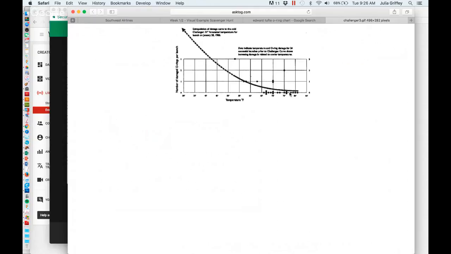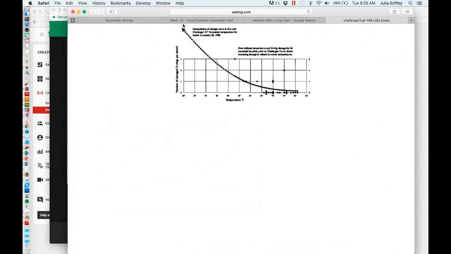You have 0, 0, 0 at all of these higher temperatures. Well, as we get to the lower temperatures, we see more O-ring damage, right? And down here, this is 30, 35, 20 degrees. It was a 31 degree forecasted temperature for the launch on January 28th. So it's predicted to be right here, temperature-wise.